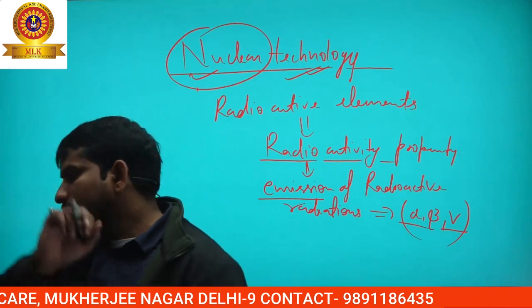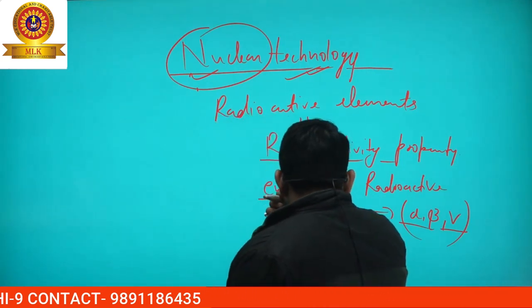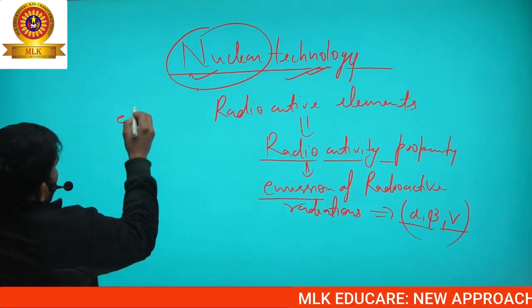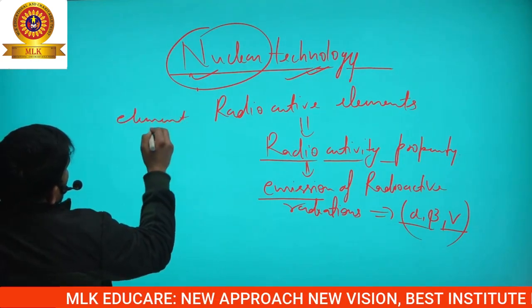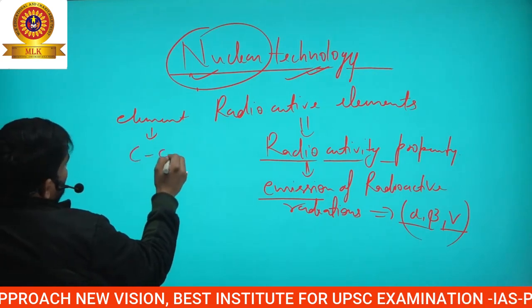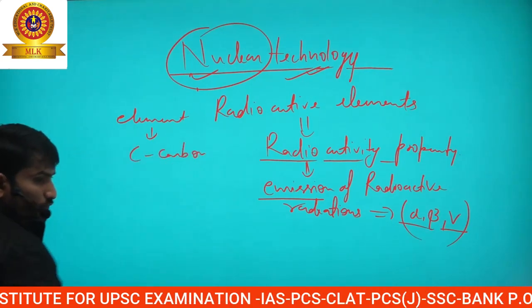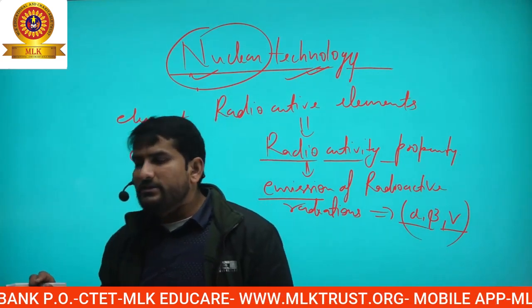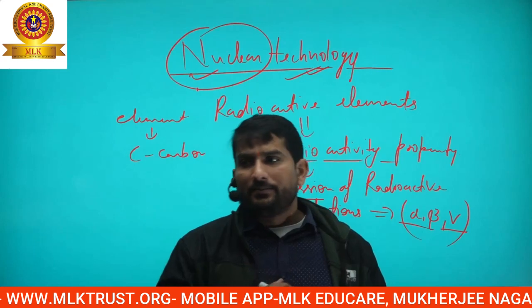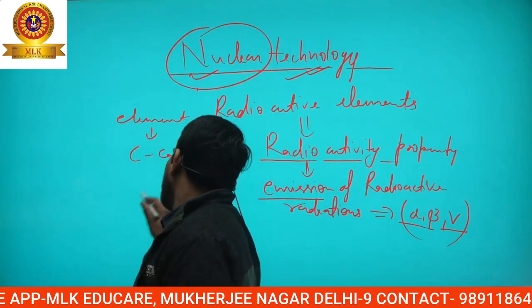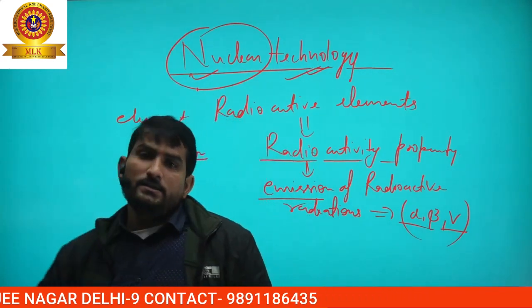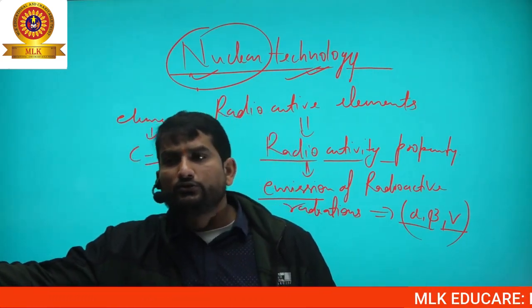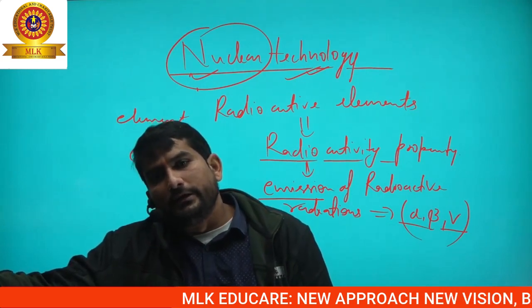Okay, one more thing. Suppose we have an element, and the element name is carbon. Most of the things you can say are made up of carbon. For example, wood is also carbon containing.